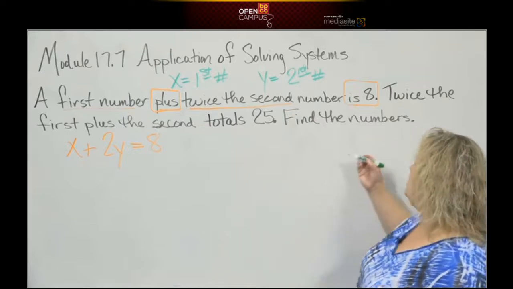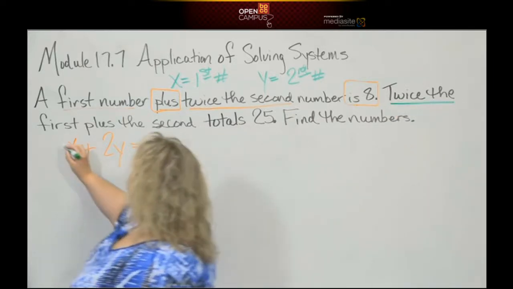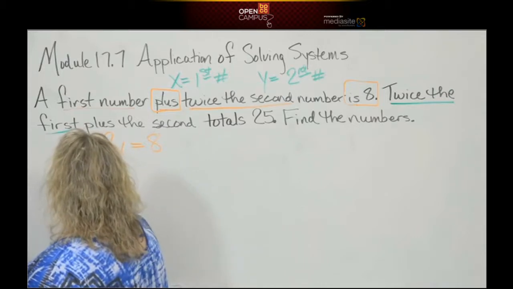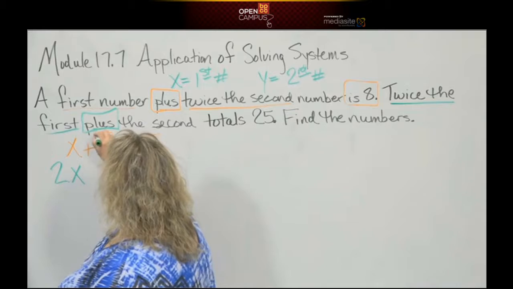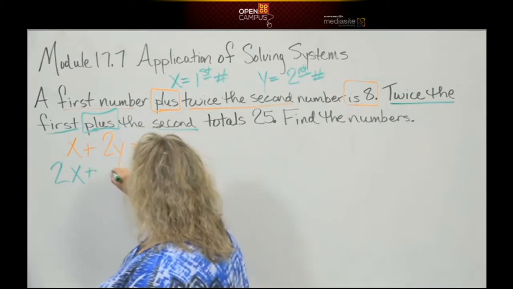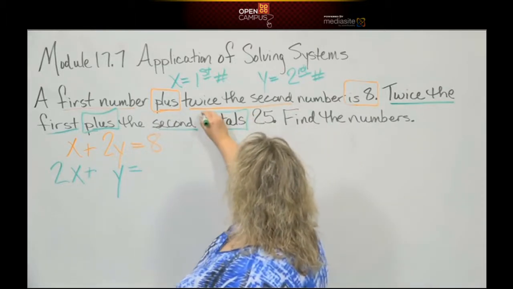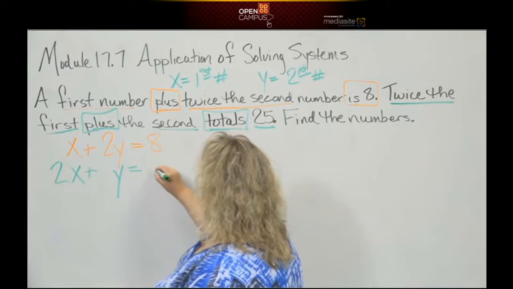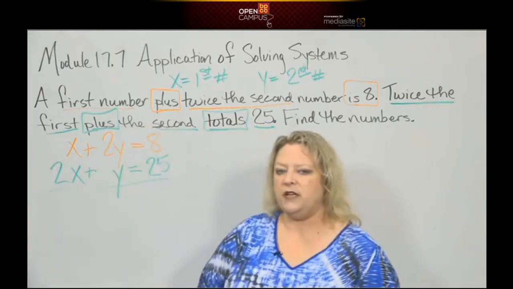Now let's go to equation number 2. It says twice the first, so now I do 2x, plus means add, the second, y, totals, total means equal to 25. So there are my two equations.